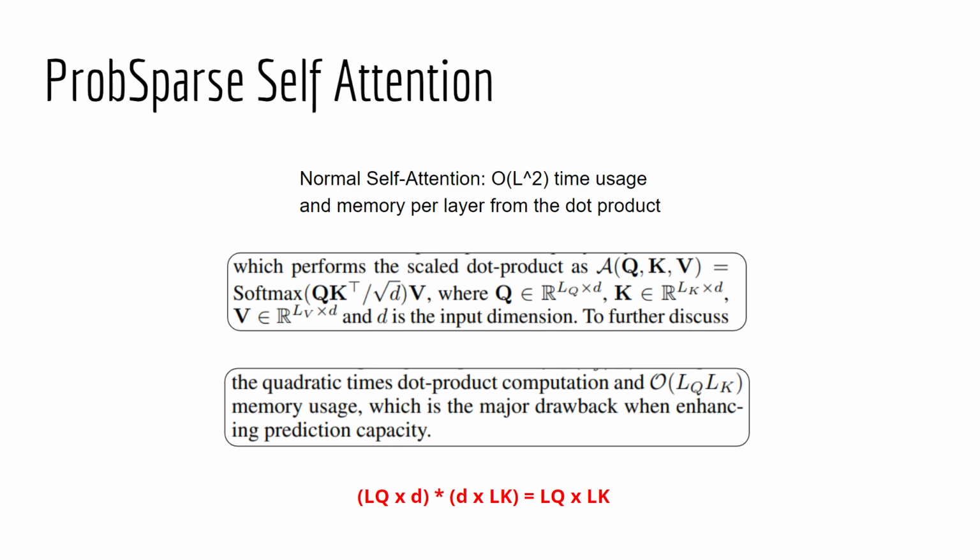From this, however, multiplying the Q matrix by the K transpose matrix results in an LQ by LK matrix, which is a lot of memory usage and a drawback to enhancing prediction capacity.